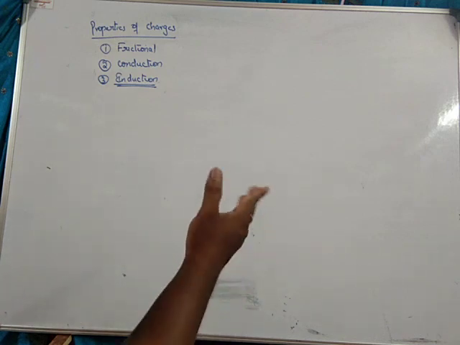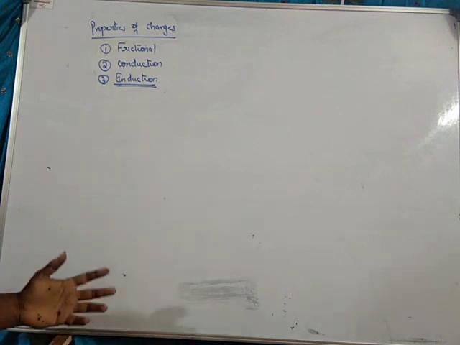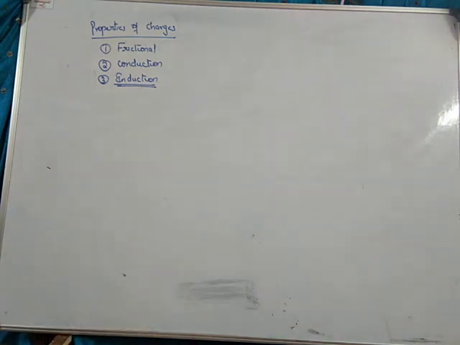Frictional force means, in the first example we considered two atoms, A and B, where A and B are identical in size and shape. In A we have some strength of electrons, and in B we have some strength of electrons.